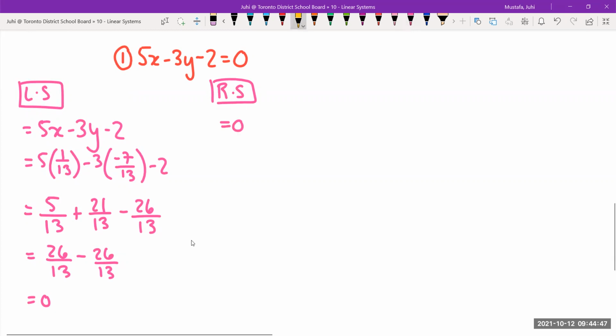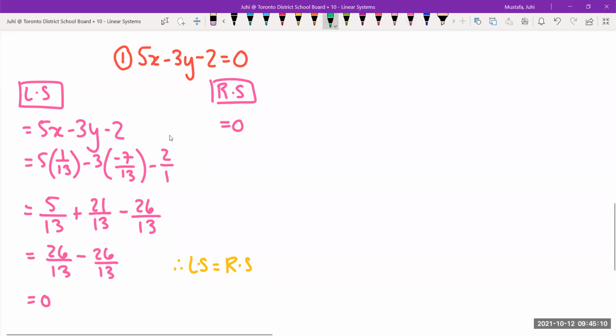Question, Samara? Yes, you do. Because then here, if you didn't make the 2 into a fraction, you get 26 over 13 minus 2. The only way to solve that is to make it into a fraction. So basically what I did here is I made the 2 into like 2 over 1.